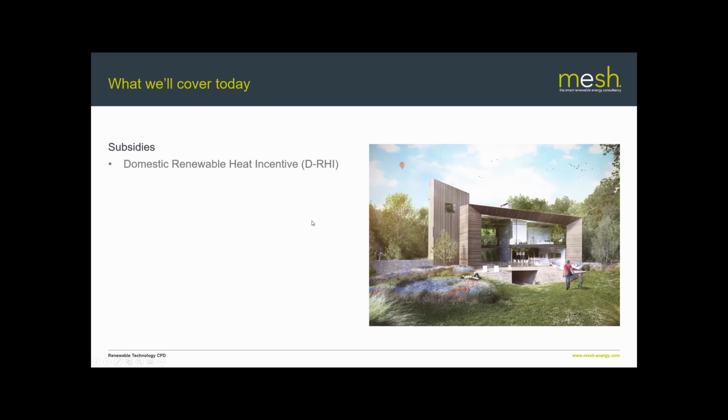As yet, no replacement has been announced, so we'd have to think that the RHI will be going in March 2022. And finally, we'll go through some of the key points, a few key nuggets of information to think about and take away from this presentation. A little bit about how you can work with Mesh, and then a little space for questions.